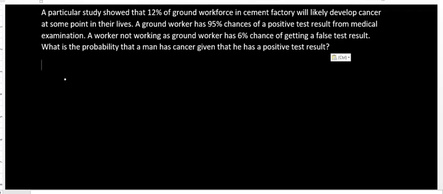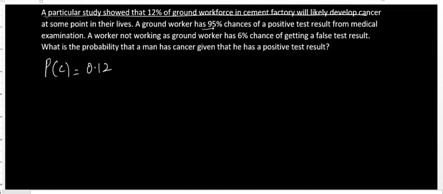Now let me first read the first sentence. The particular study showed that 12% of the ground workforce in a cement factory will develop cancer. So the probability of cancer is going to be equal to 0.12.